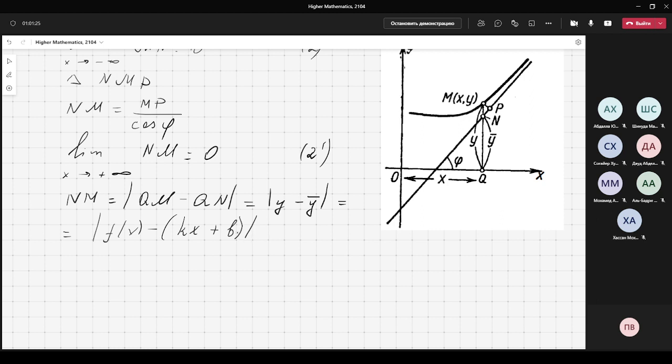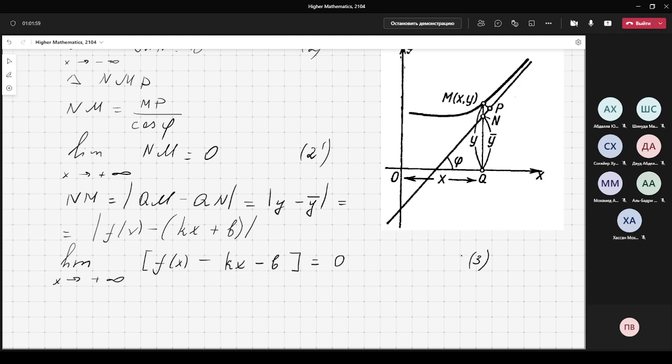And 2 prime takes the form: limit as x approaches plus infinity of f of x minus kx minus b equals 0, formula 3.